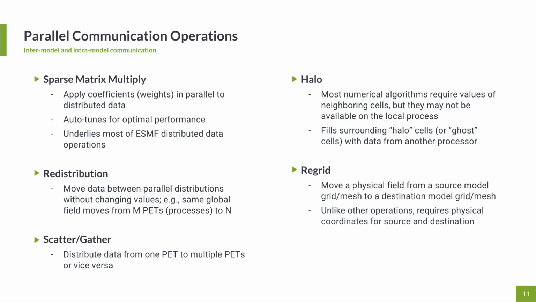And then finally, the regrid operation moves a physical field from a source model grid or mesh to a destination grid or mesh. In the second part, we'll talk about the different kinds of grids and meshes that we support. And in order to use the regrid, you will have to provide ESMF with the grid structure and the coordinates associated with each of the points.